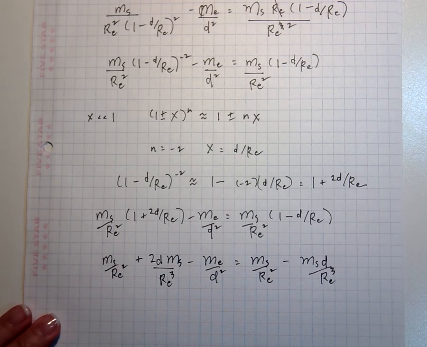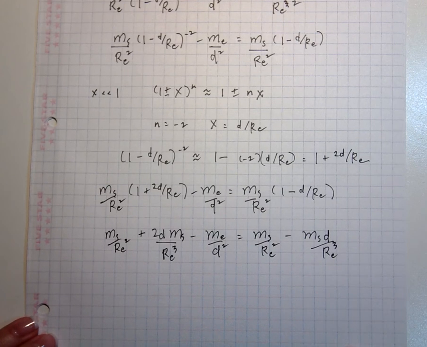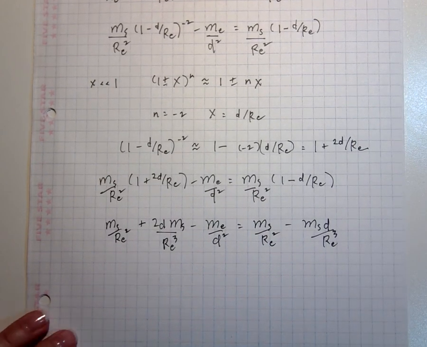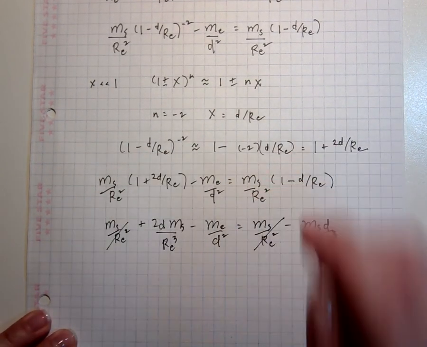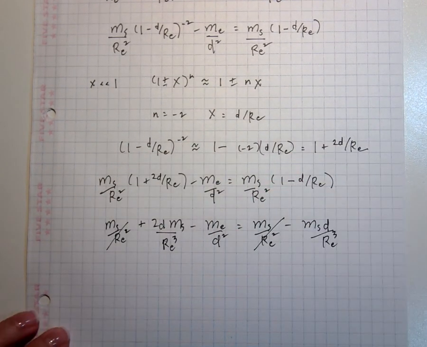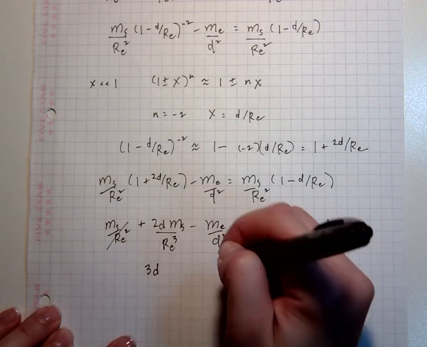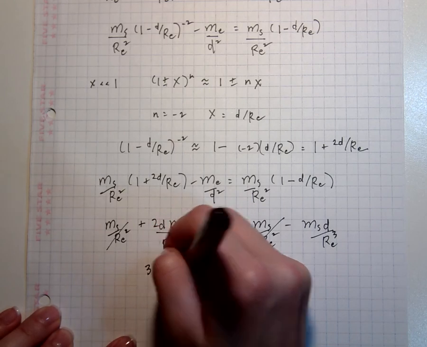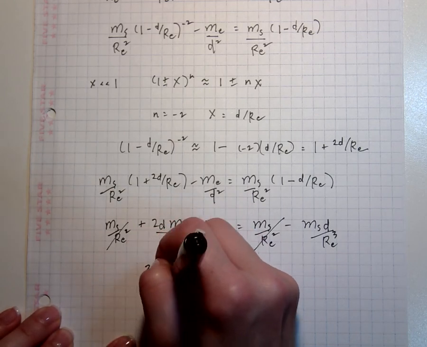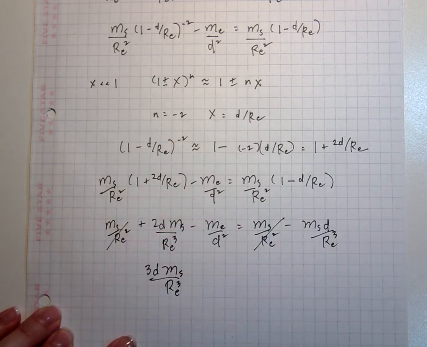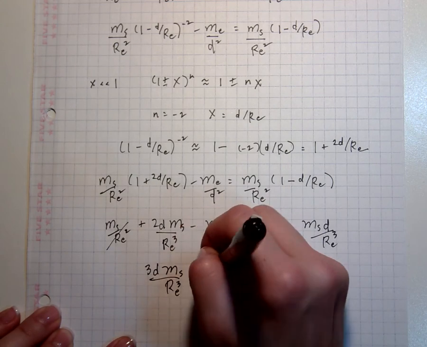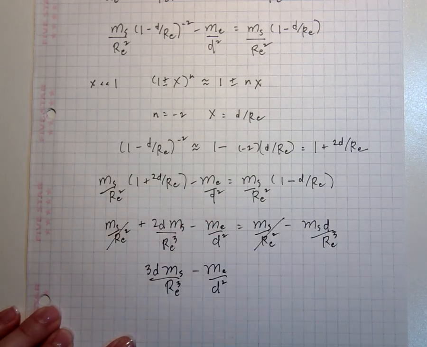So let's see, what can we combine? It looks like on both sides of this equation, we have the mass of the sun over r sub e squared, so that goes away. We have two terms that look alike. We'll combine them: 3d times the mass of the sun over r sub e cubed minus the mass of the Earth over d squared.